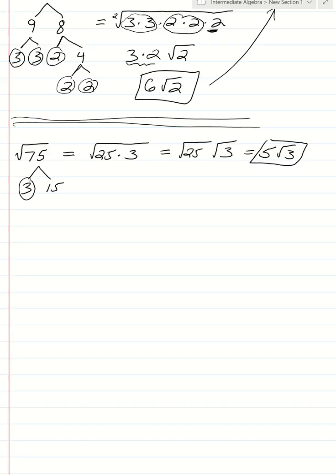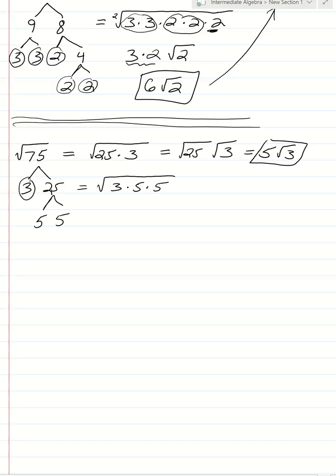Now we need to break up. Wait a second. I stand corrected here. I don't want to do 3 times 15. I want to do 3 times 25. Okay. 3 times 25 is 75. And if we want to now break up 25 into 5 times 5. So now let's write the square root of 75 as 3 times 5 times 5.